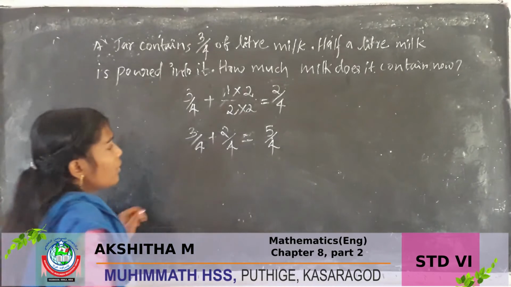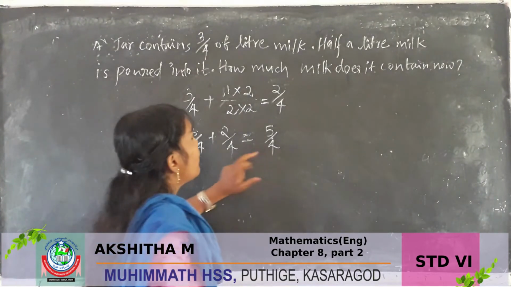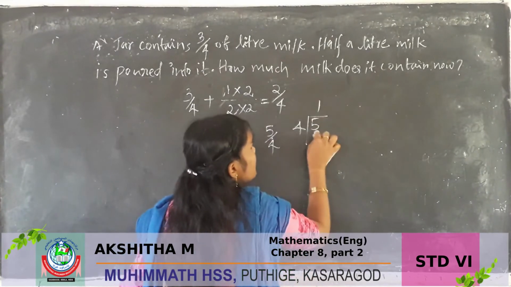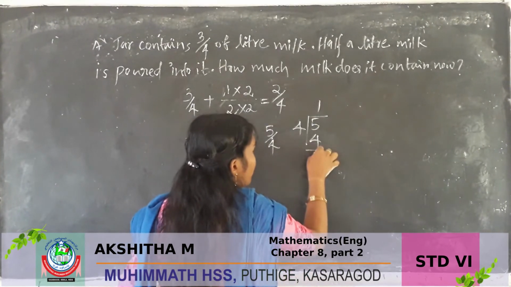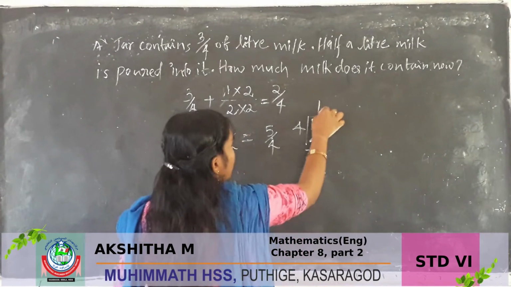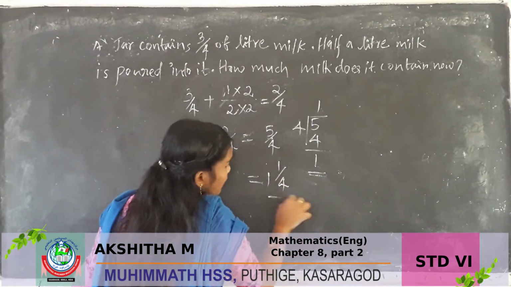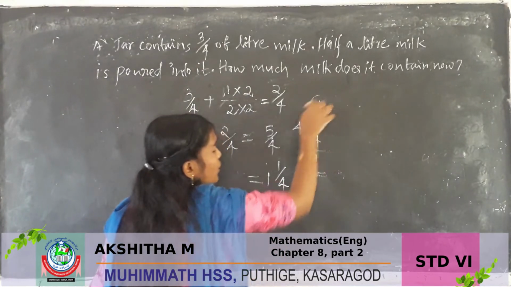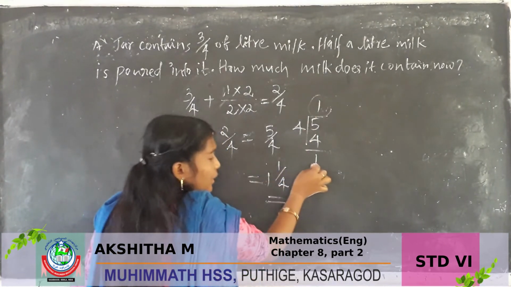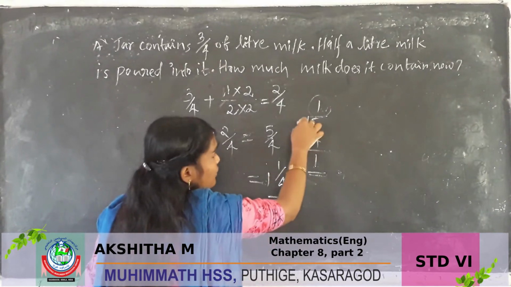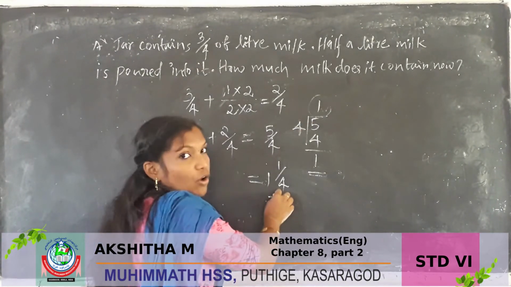5/4. 5/4 means we have to divide here. 5 divided by 4. 4 ones are 4. 5 minus 4 is 1. So 5/4 means the quotient 1 we should write as the whole number. Remainder we should write as numerator, 1. This 4 we should write as denominator.